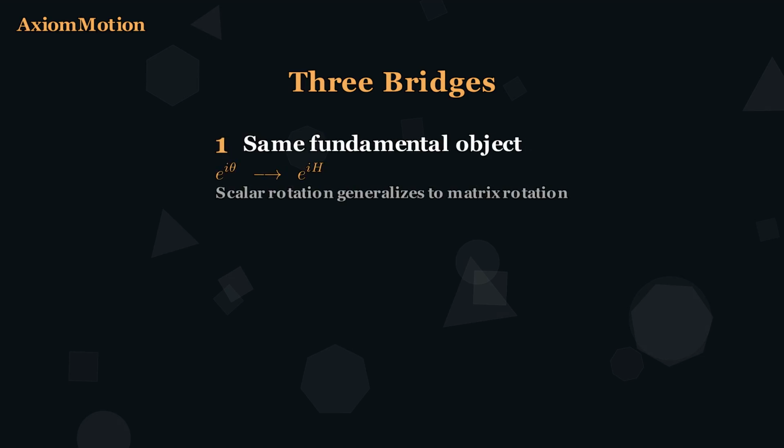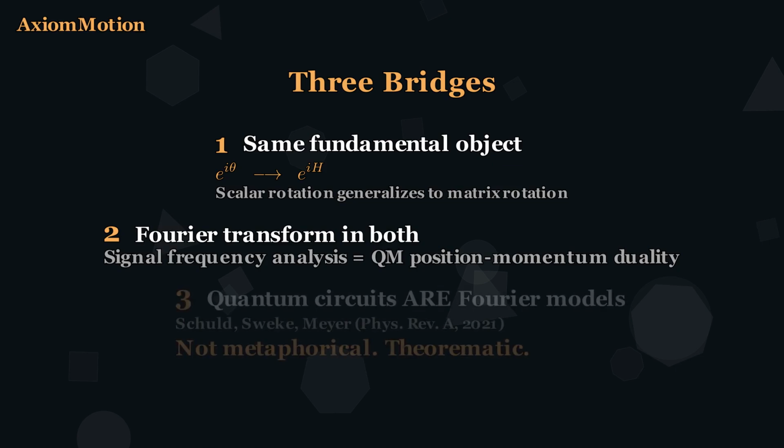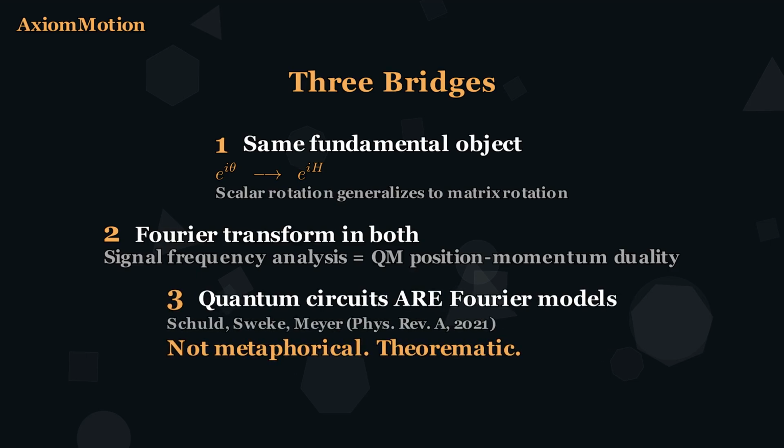First, the same fundamental object. The scalar e to the i theta and the matrix e to the iH are the same construction at different levels of generality. Second, the Fourier transform appears in both fields. Frequency analysis of signals and the position-momentum duality of quantum mechanics are the same operator. Third, and most remarkably, quantum circuits are Fourier models.